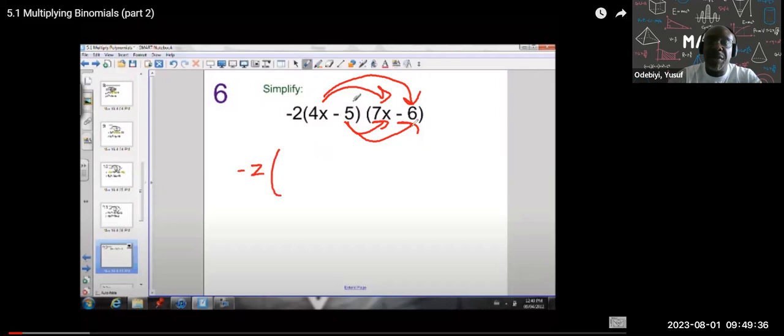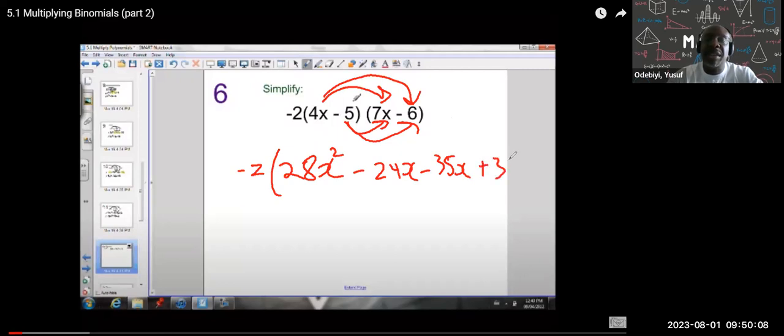And I multiply all this out. So I'm going to have here -4 times 4x times 7x, that's 28x squared. And then -4 times -6, that becomes 24x. This is squared, by the way. And then inner here is going to be -35x. And then here's going to be plus 30.